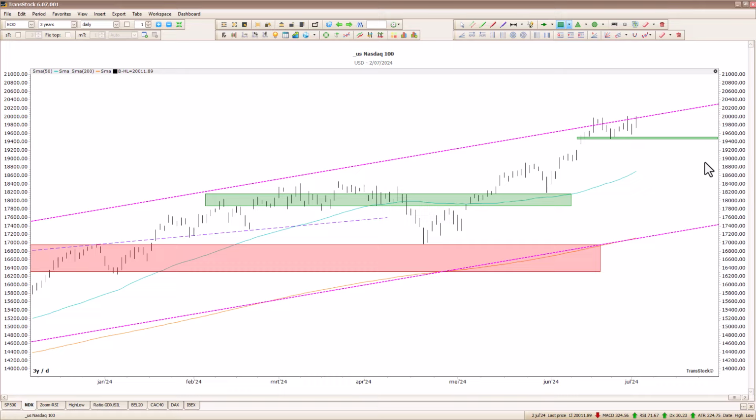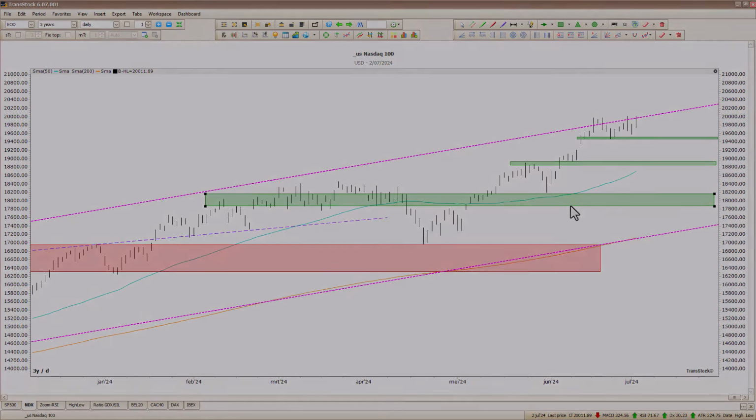The second intraday support is around 18,900. And of course, the support zone of 18,000 remains our main midterm support.